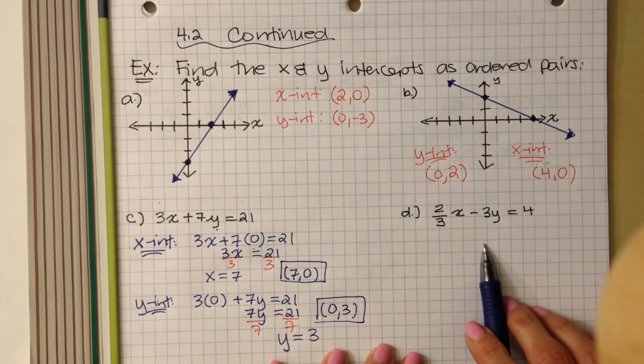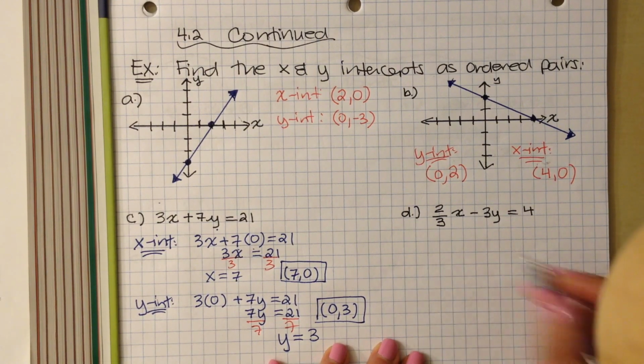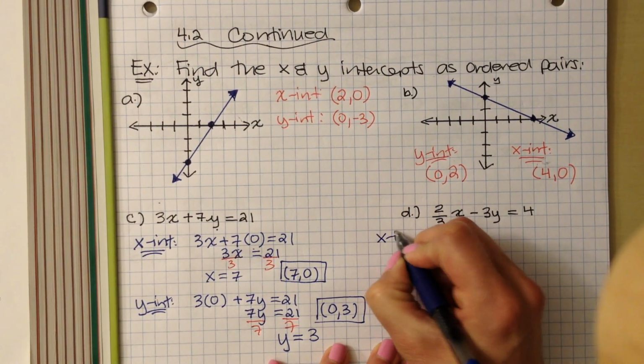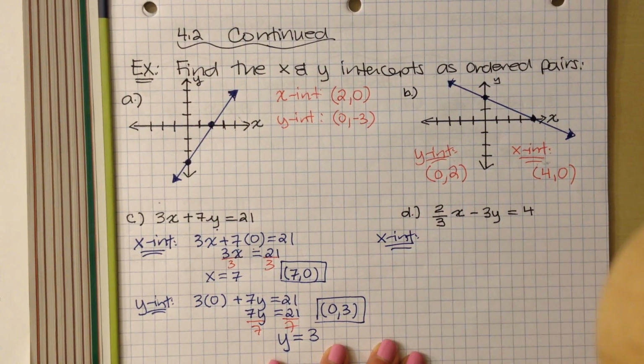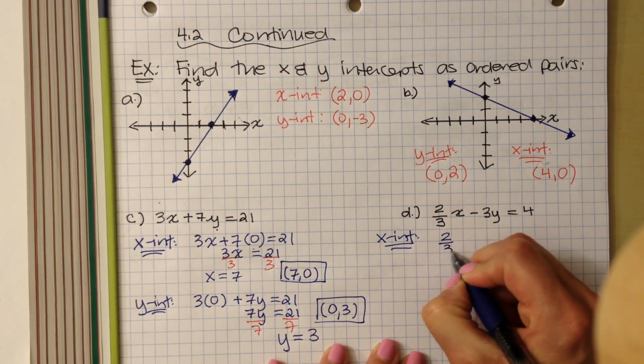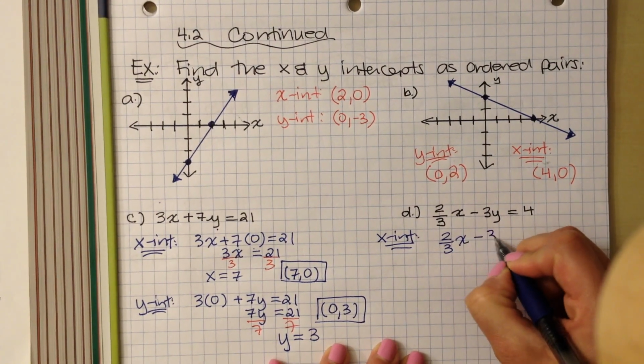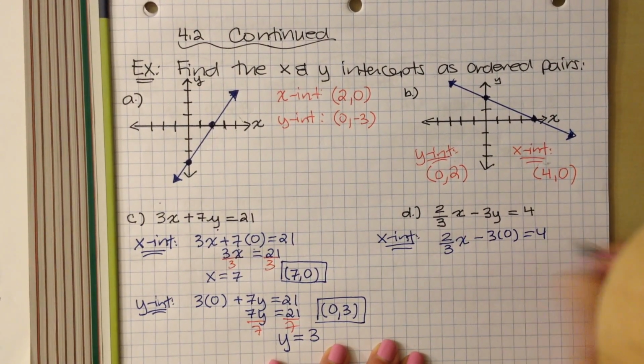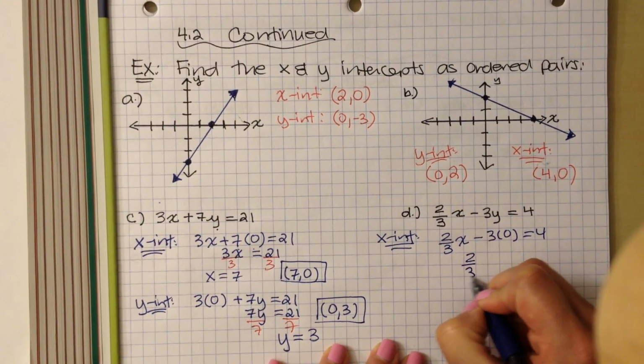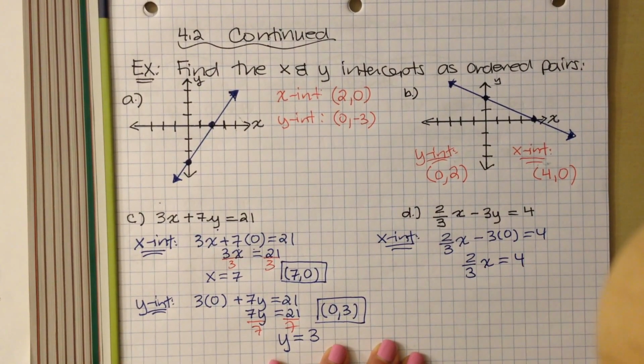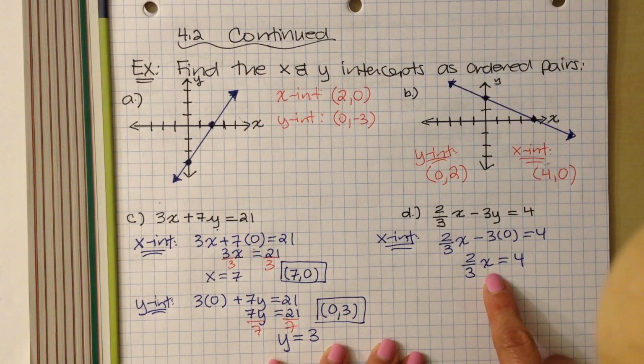Let's find the x and y-intercept for example D. We'll start with the x-intercept. For the x-intercept, substitute 0 for y. It's always the opposite variable you substitute 0 for, which gives us 2/3 x equal to 4. Remember, to isolate x, you have to multiply by the reciprocal, which would be 3/2. Same sign, just reciprocal.